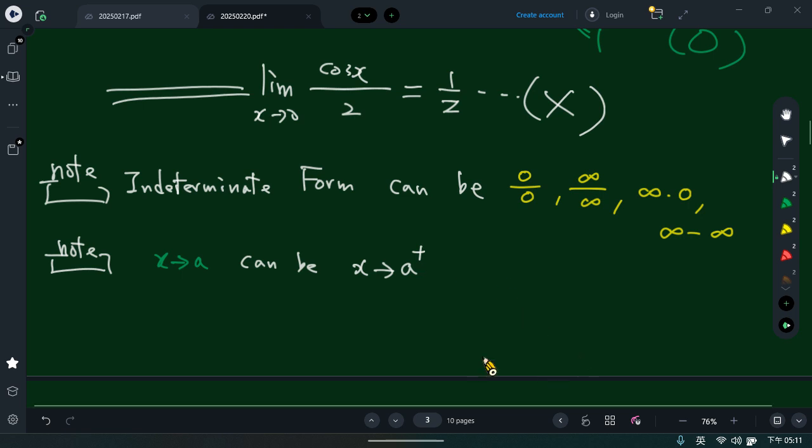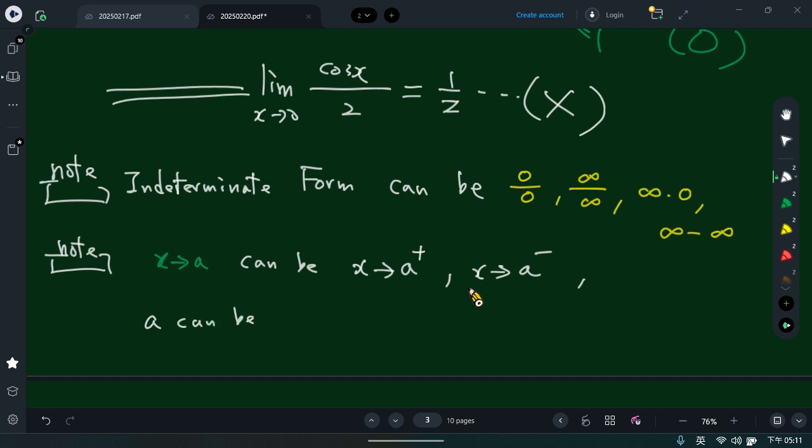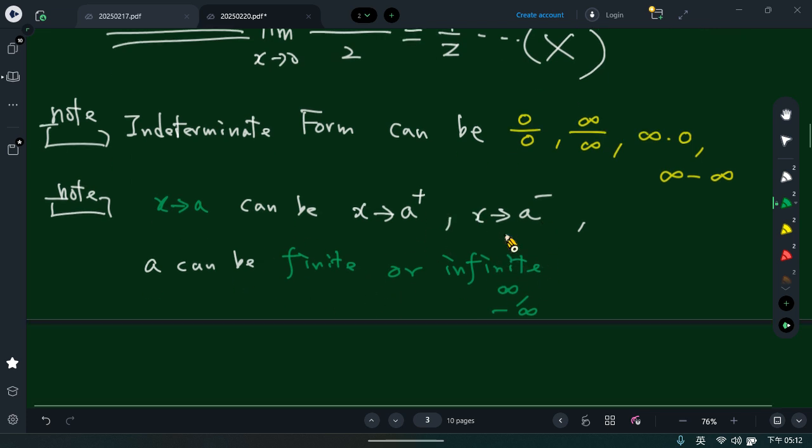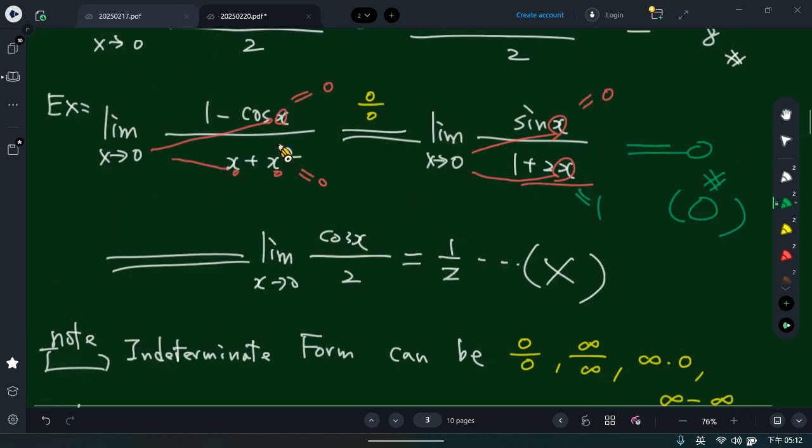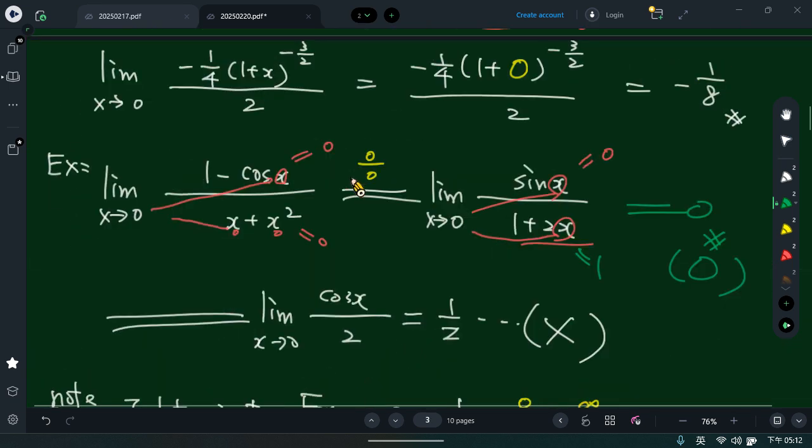So x could be approaching a plus, or x approaching a minus, and a could be finite or infinite. That means like this one, or positive infinity or negative infinity. Both of them are fine for L'Hopital's rule. Okay?